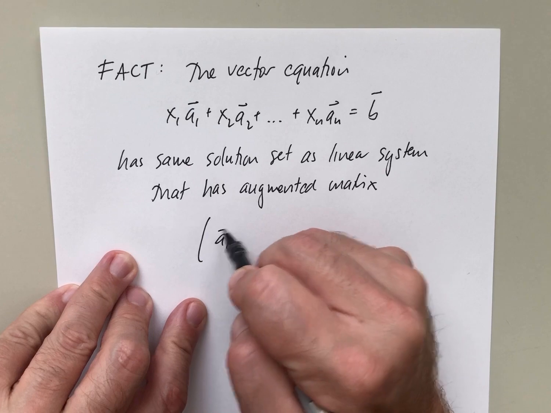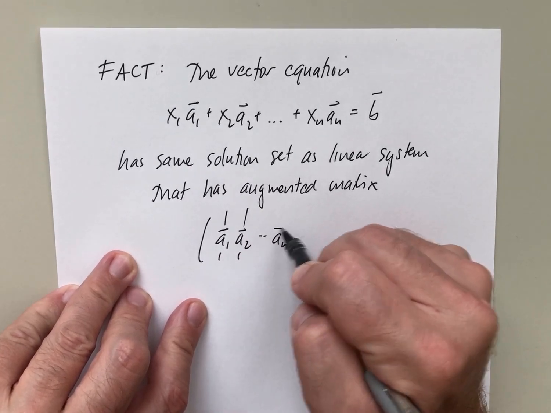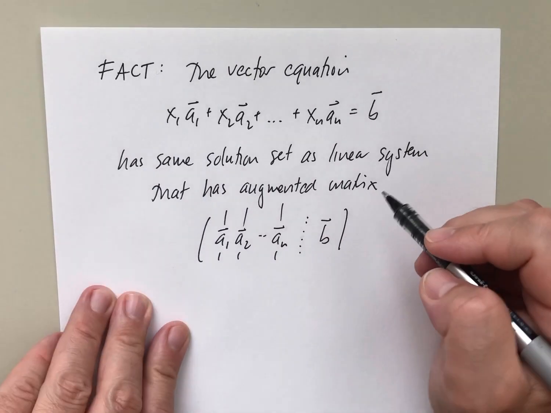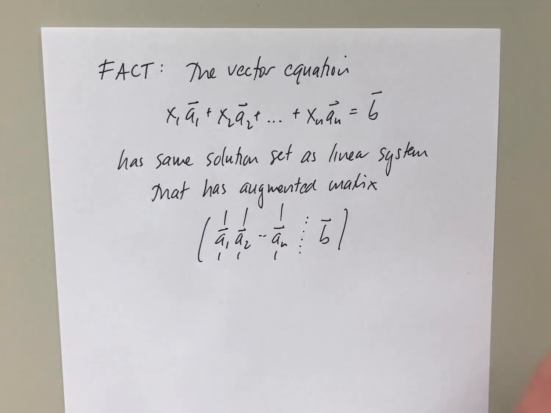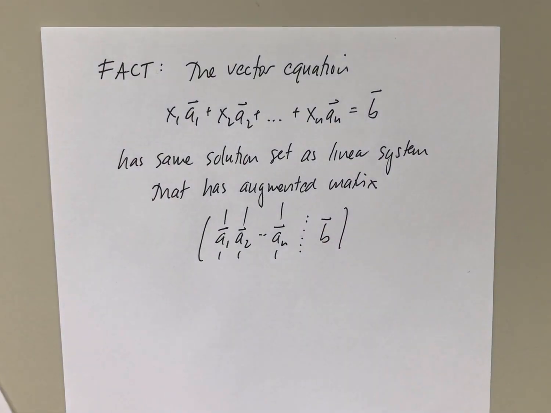Remember, I took the vectors a1, a2 and put them on the coefficient side, and then I augment that with b. This is just a translation of what we just saw.